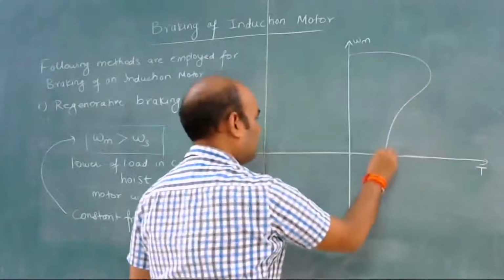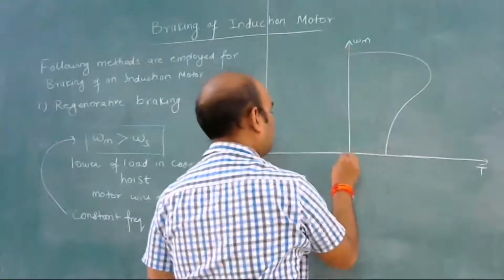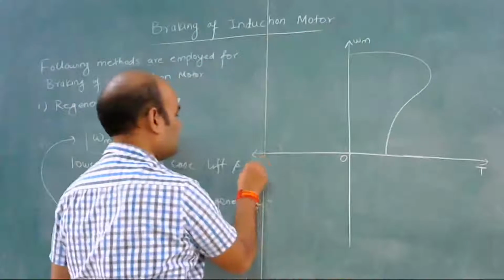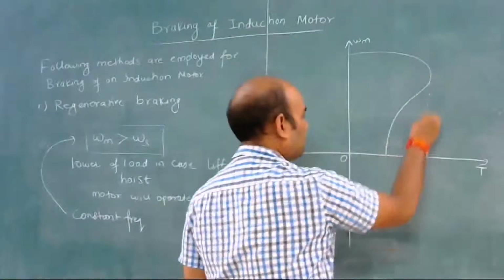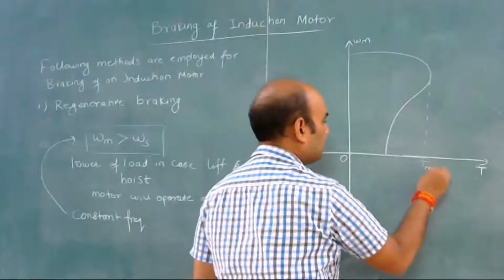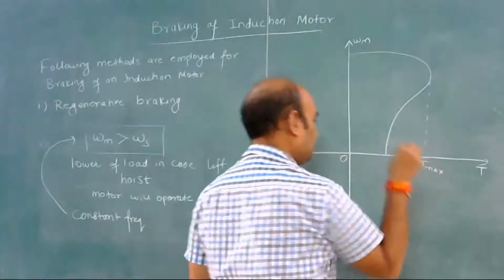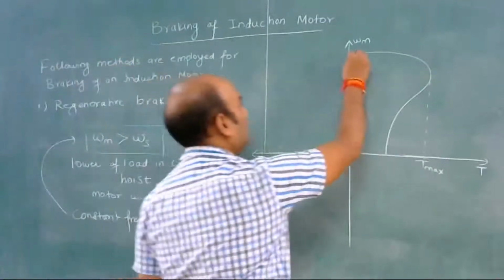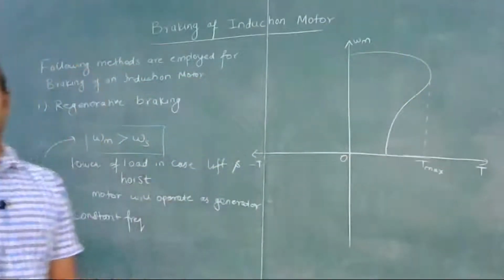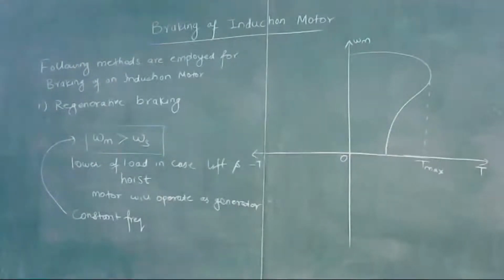This is our normal speed, this is the origin, minus e, and this point corresponds to e. This is the speed torque characteristic of an induction motor.